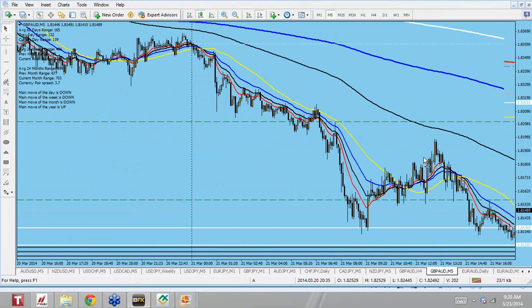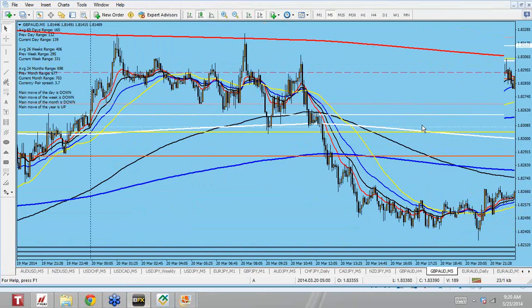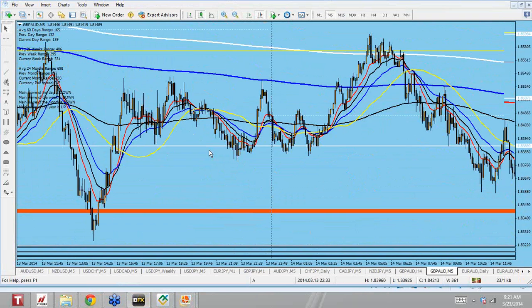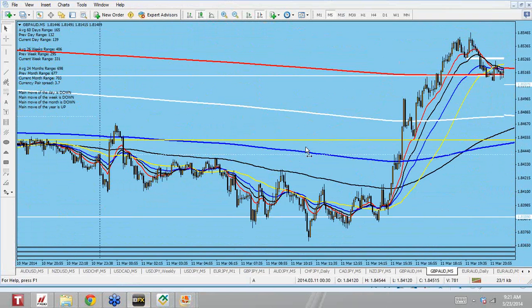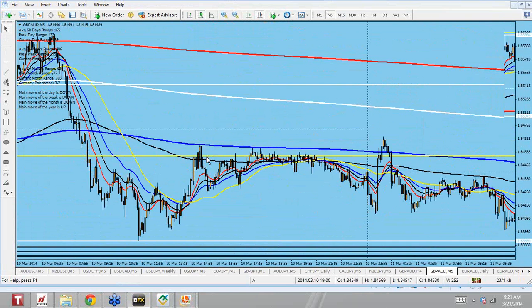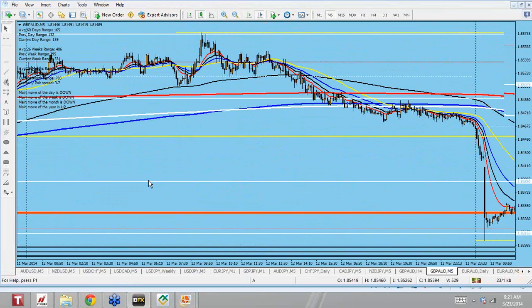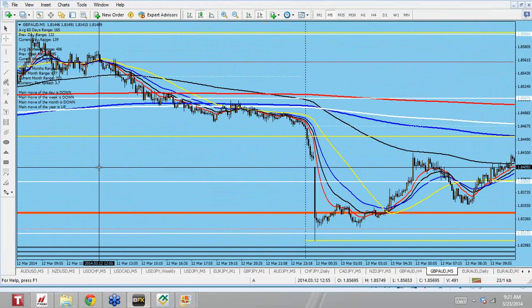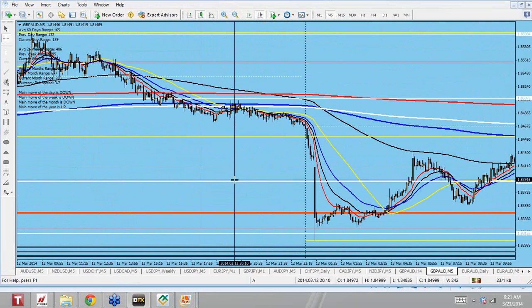So that was on the 13th, right? March 13. We'll go back and see if we get our Magic Wave setup on March 13. March 11, 12, I went too far back. March 13. Am I on pound Aussie? Okay.